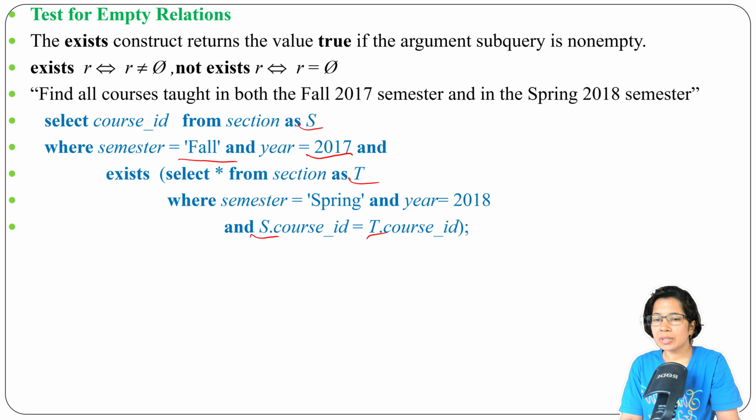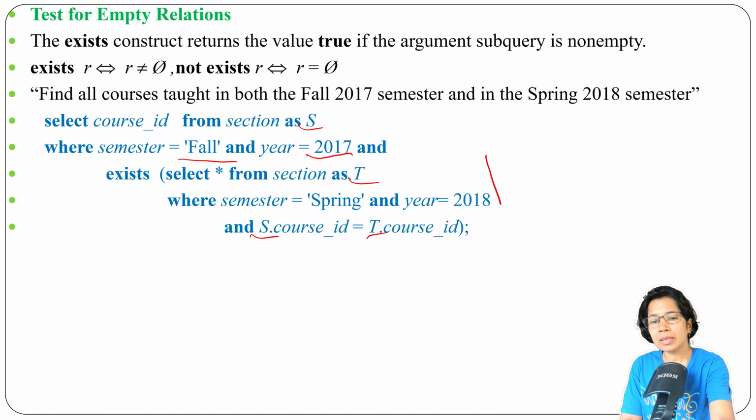Here we are using two aliases for section. One is S, another is T. The inner subquery will give the course ID from semester spring and year 2018, and S.course ID should be equal to T.course ID. Then we can say these are the courses taught in both fall 2017 and spring 2018.